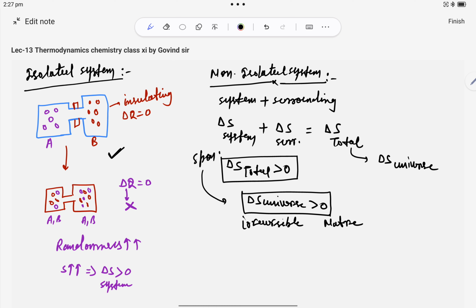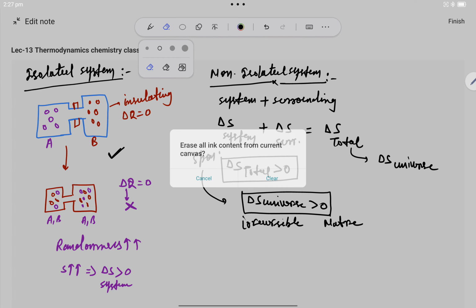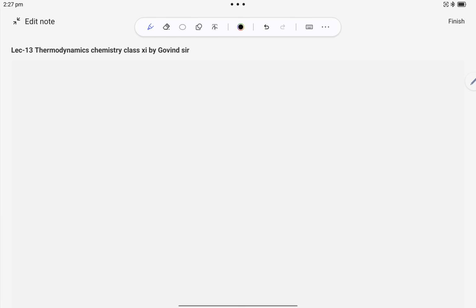So in the isolated system there is no use of Q, but here we have to check. How to check? Check it, children. Suppose, it may be boring, children, but you have to understand. Any condition is given, minus 1 degree Celsius. Minus 1 degree Celsius liquid will be converted into ice. Yes or no? Yes, definitely.